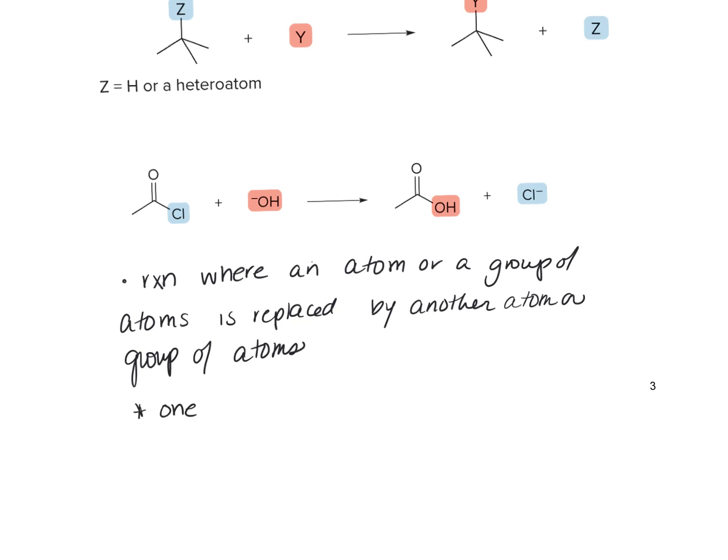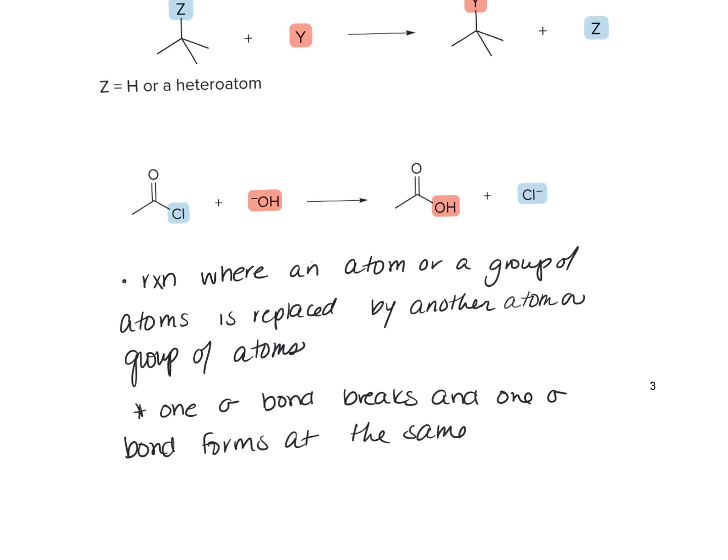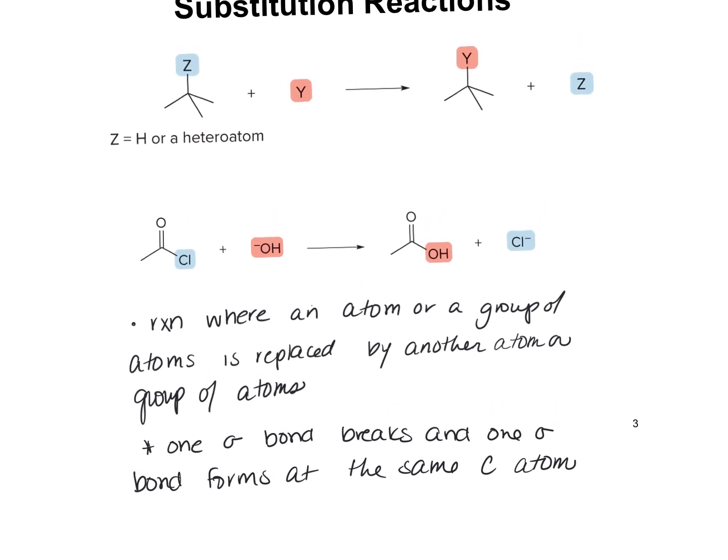In some cases this Z can be a hydrogen atom, but the most common examples that we're going to see are where it's a heteroatom that is more electronegative than carbon, like oxygen or nitrogen or a halogen.